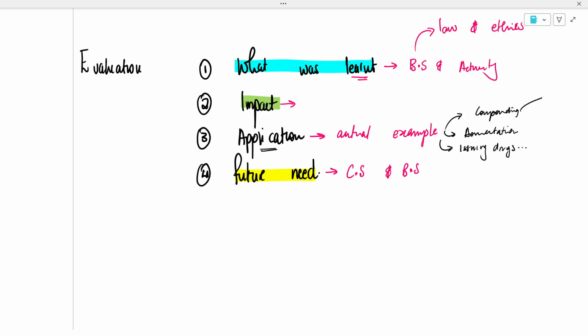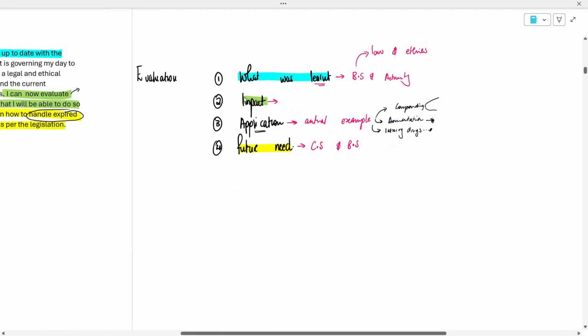So in compounding, you state that I applied the law when compounding item 1, 2, 3, you know, and in documentation, you say that you applied the law by ensuring that documents are kept for 5 years. In issuing drugs, you can say maybe you issued medication to a different pharmacy or the laws that relate to this. Okay.